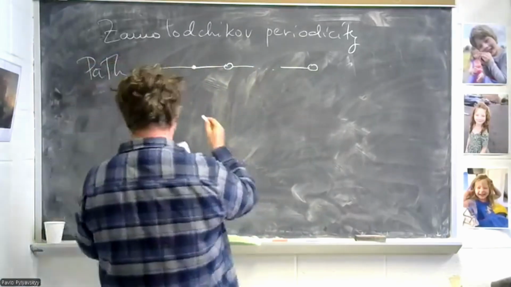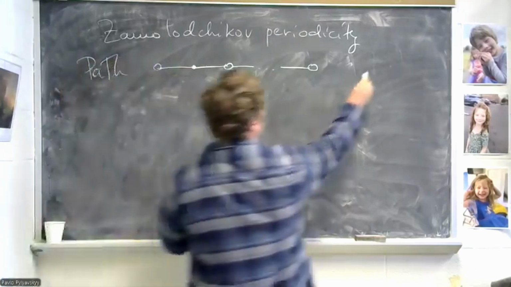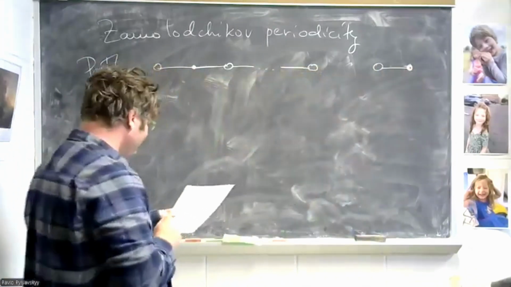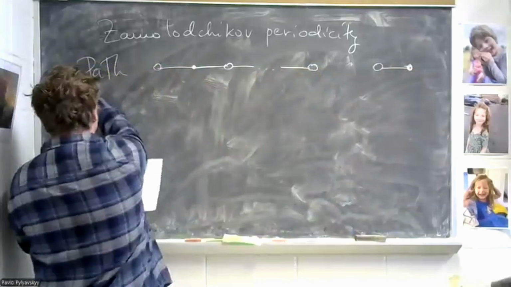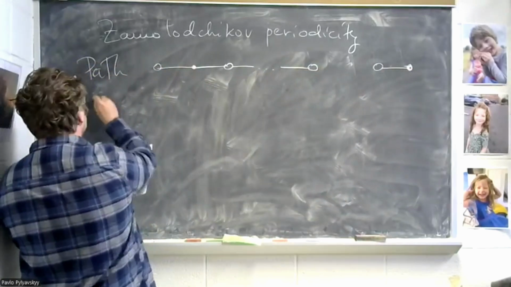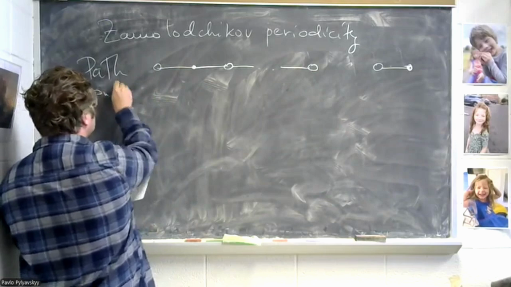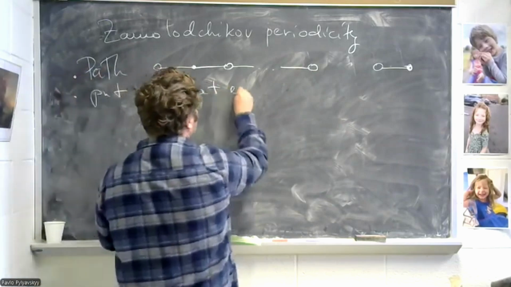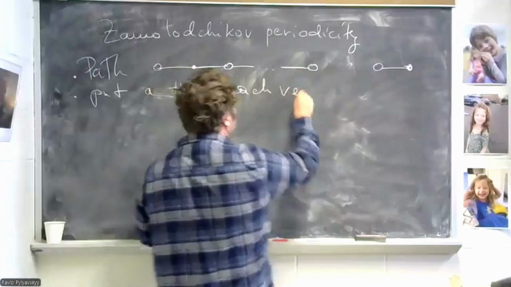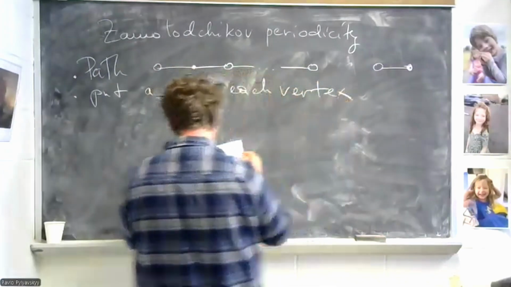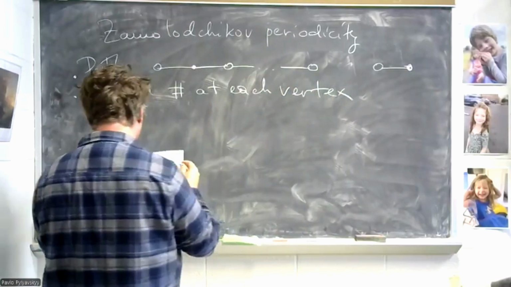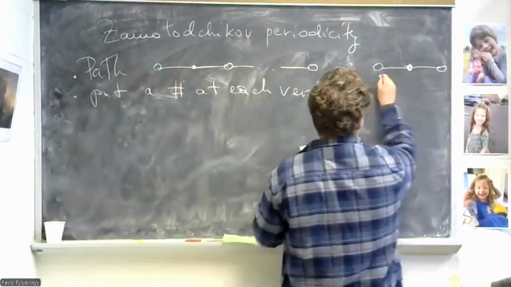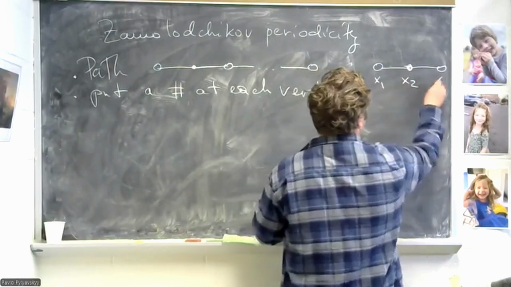It could be short, could be just two vertices. We take a path, we put a number at each vertex. So something like this. For example, if this was my path, I could put x1, x2, x3.